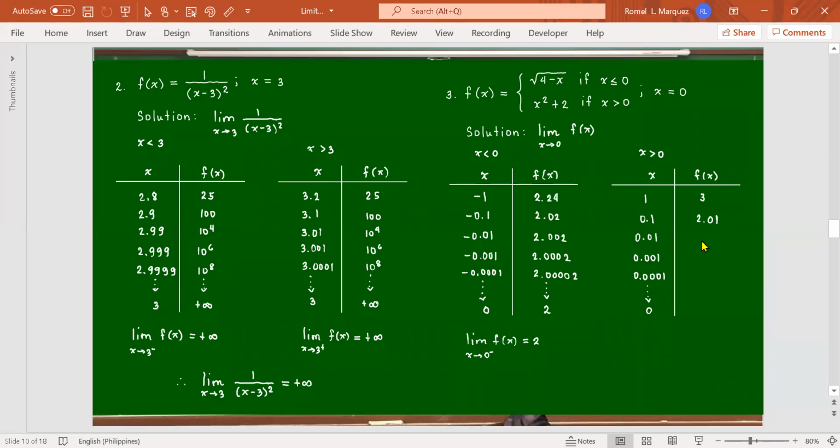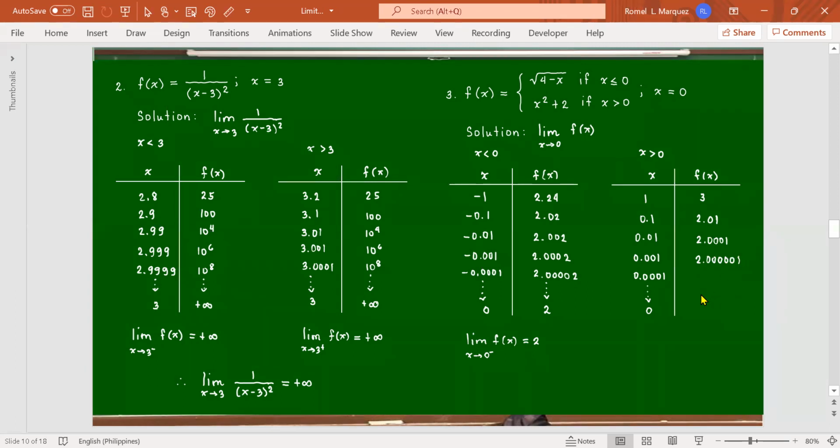When x is 0.01, we get 2.0001. And then when x is 0.001, we have 2.000001. Am I right, guys?